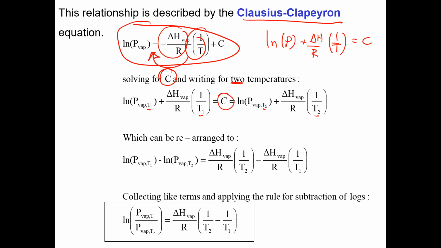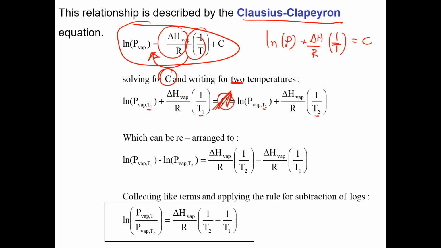Okay, so this is where it gets interesting. As they're both equal to C, they're both equal to each other. So we can just get rid of the C, right? And we would have log of P at temperature 1 plus the enthalpy of vaporization on R multiplied by 1 on T1 is equal to log of the vapor pressure at T2 plus delta H on R multiplied by 1 on T2.